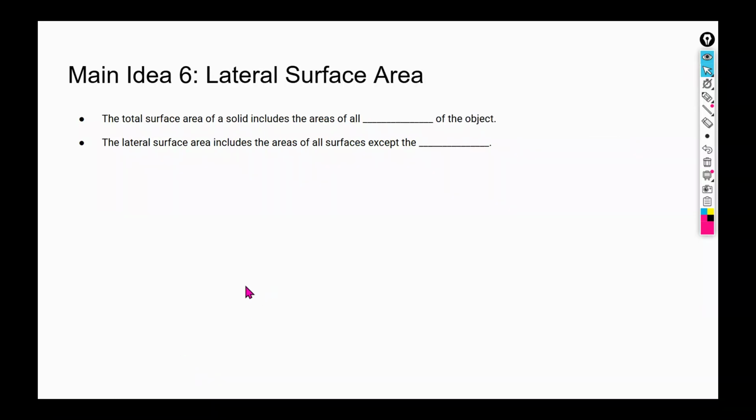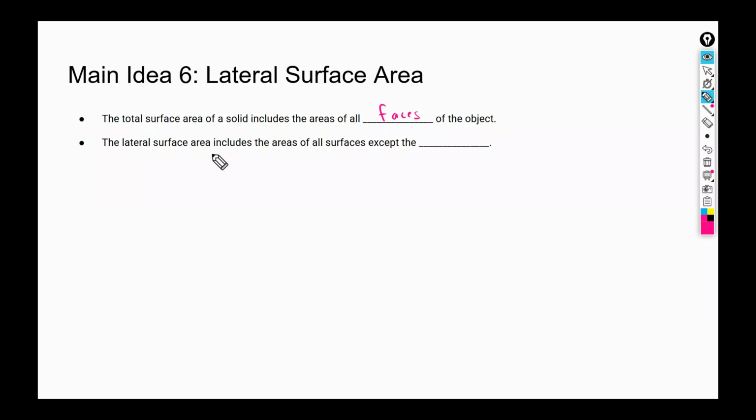Lateral surface area is the exact same thing, just without the top and the bottom. The total surface area of a solid includes the area of all faces of the object.